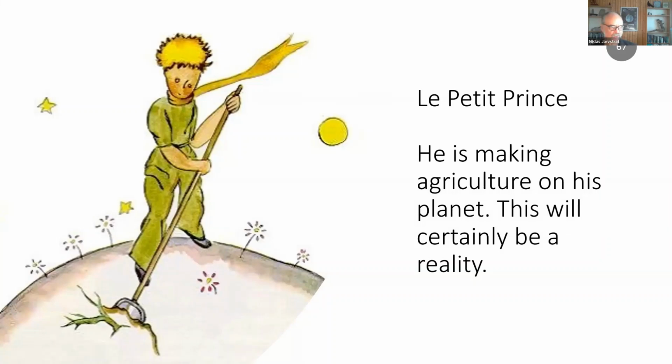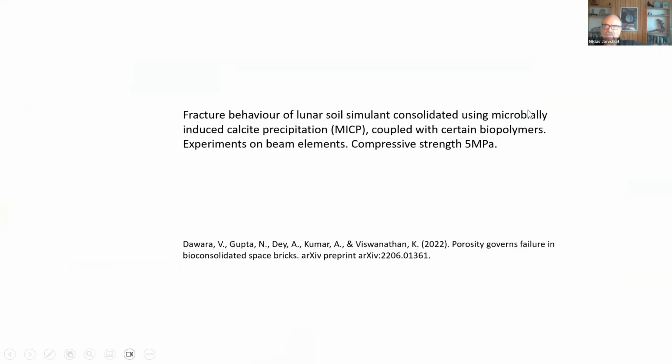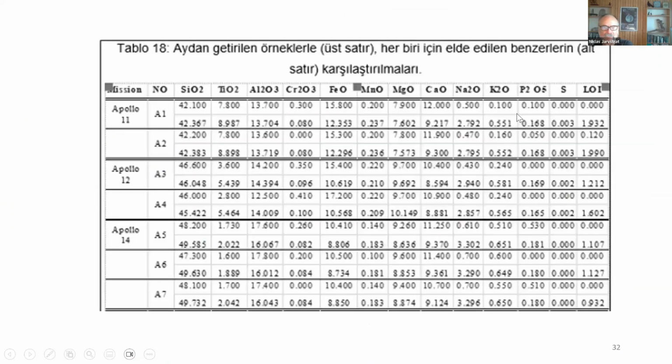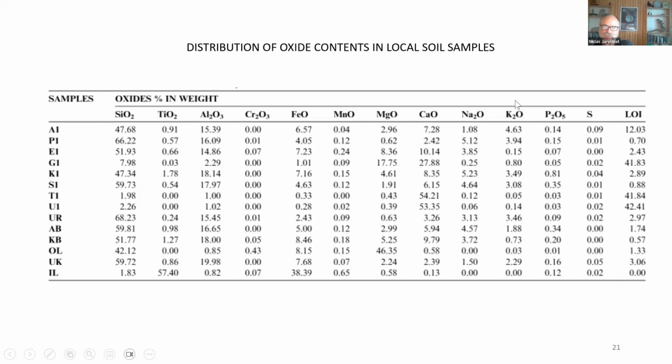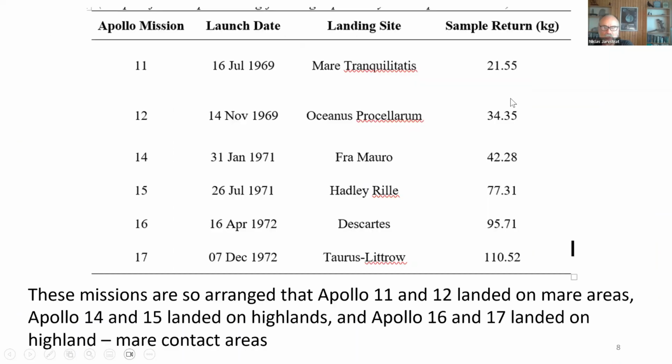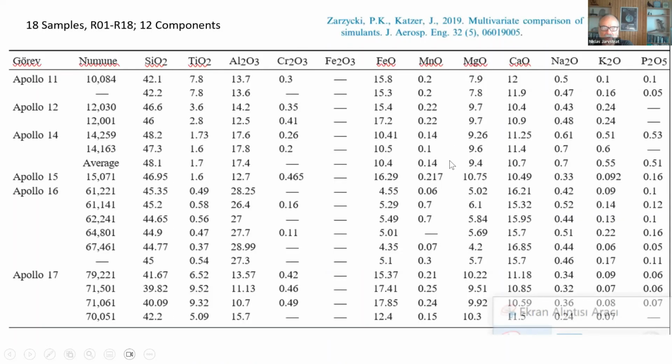From your picture, there's only one type of iron oxide, and I think Fe2O3 is the magnetic one, which apparently is not present in either the Apollo samples or in your simulant. Is that correct?